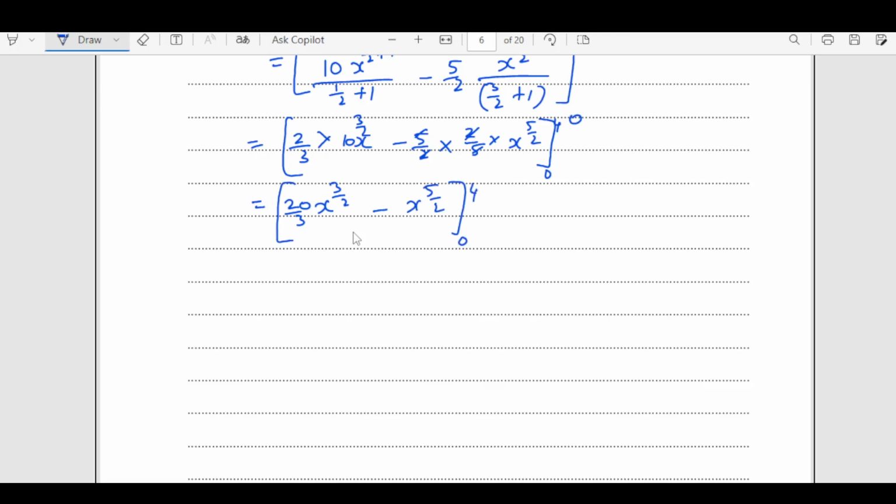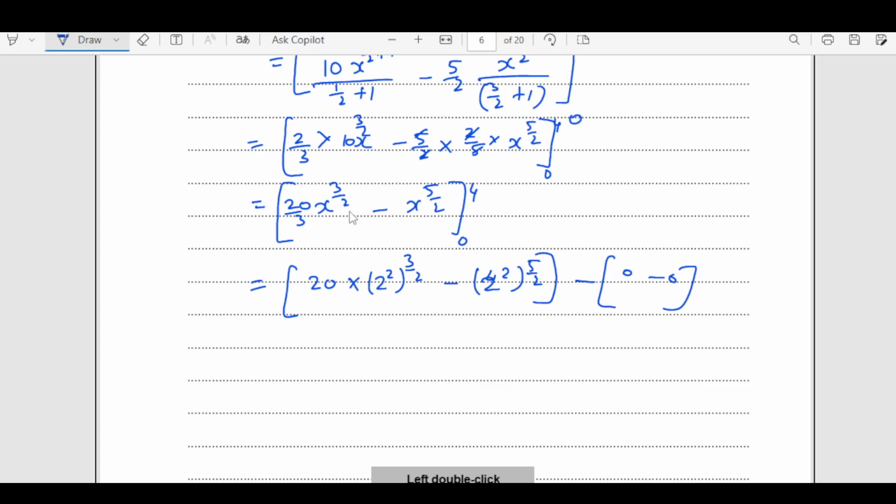Now we are going to substitute the limits. This is going to be 20 times x is 4, which can be written as 2 squared, to the power 3 over 2, minus x is 4, again written as 2 power 2, to the power 5 over 2. Then when we put 0, this is 0 minus 0, because x is 0.